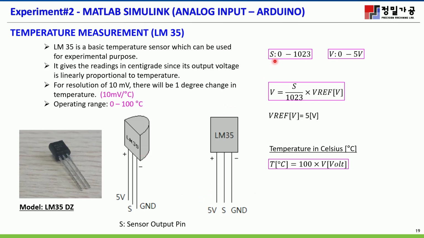You understood, right? The analog input usually goes from 0 to 1023 decimal value, and we have to convert it to voltage. This is the basic equation for converting the analog input to voltage, where the voltage reference is usually 5 volts.